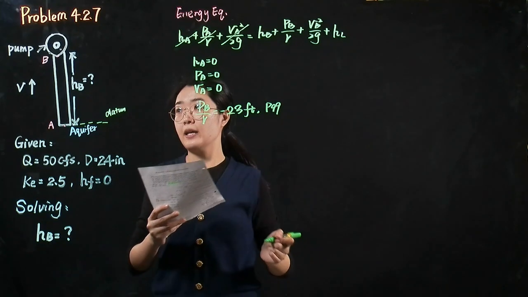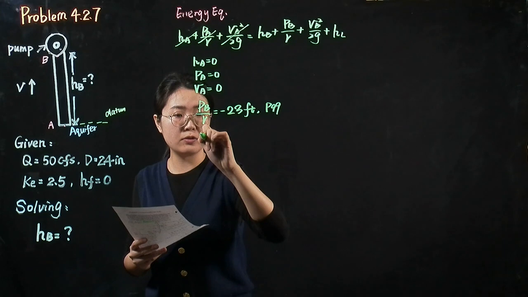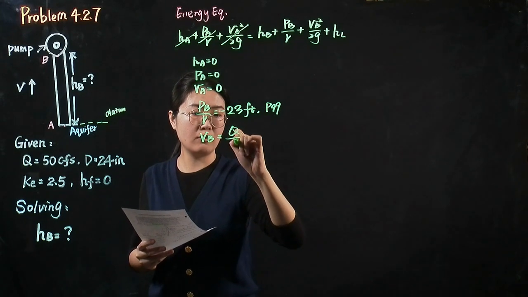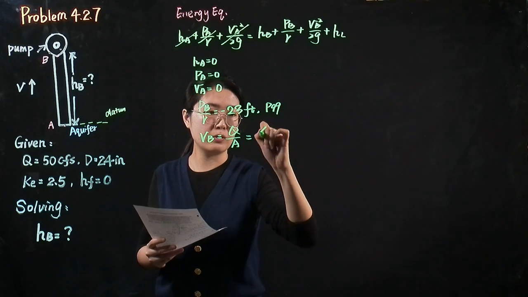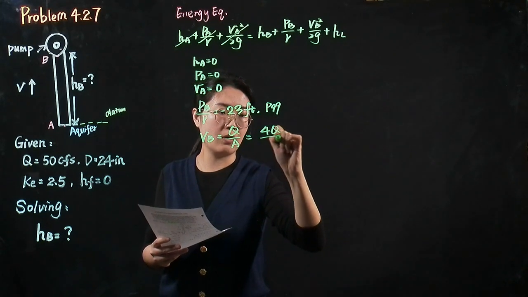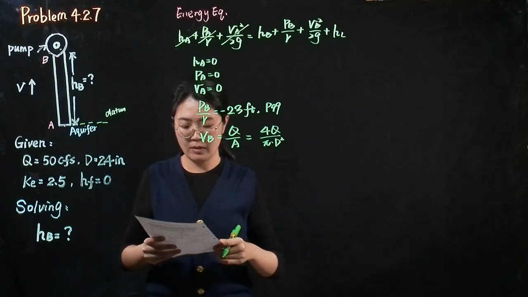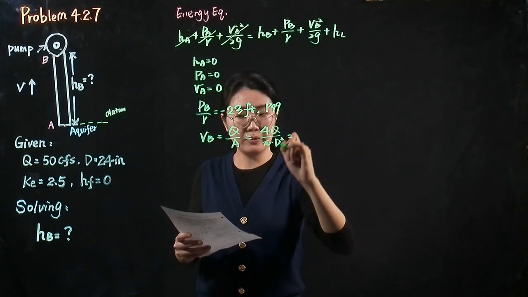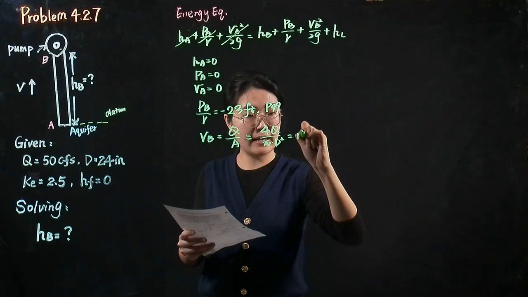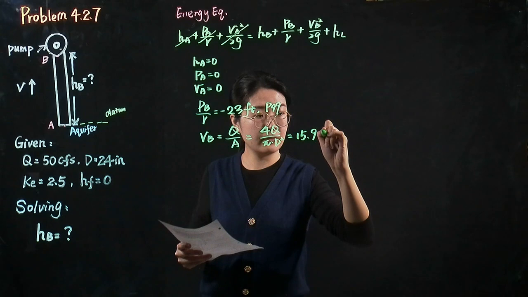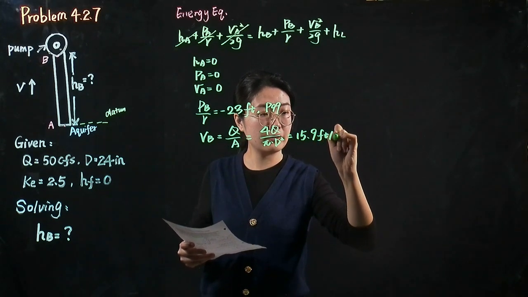And the velocity at point B equals Q over A, which equals 4 times Q over pi times D squared. If we bring the values into this equation, we can get the velocity equals 15.9 feet per second.